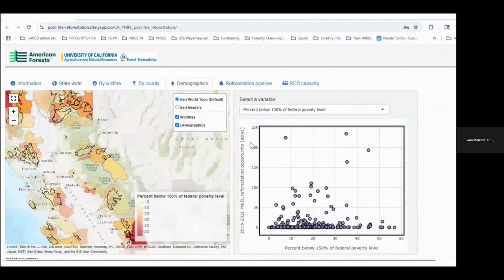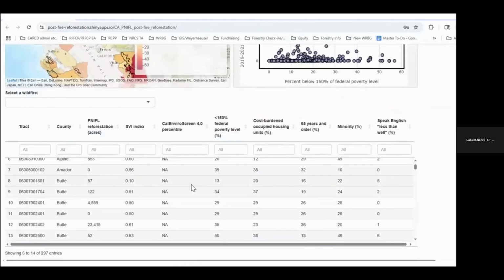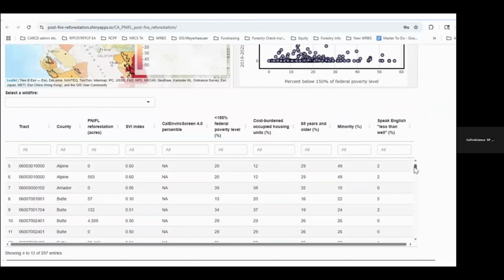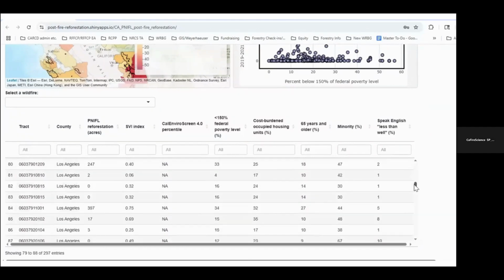So I can use the table here. Let's see, where is it? Use the table to scroll through the whole state to see where there's high reforestation opportunity alongside relatively high poverty level or high social vulnerability index.